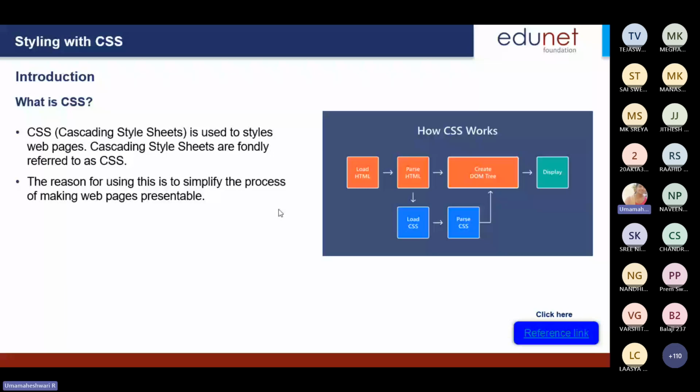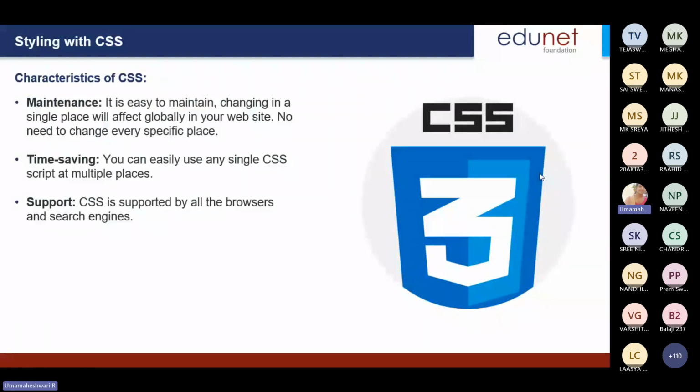Here we can see how CSS works in the backend. It loads the HTML page and parses it, loads CSS and parses CSS, creates the DOM tree, and finally displays the output.